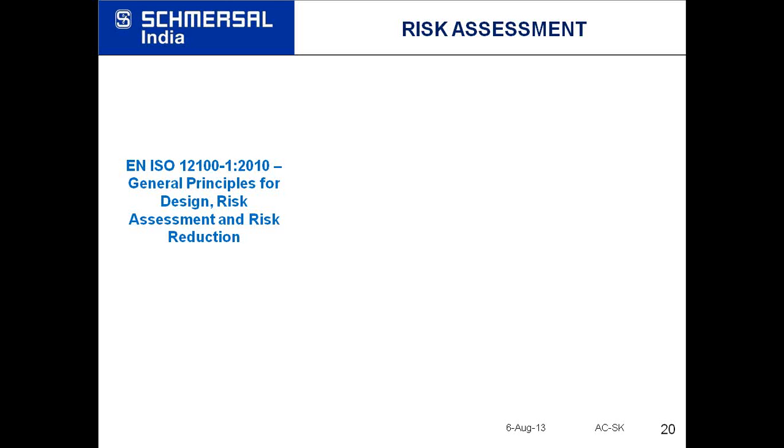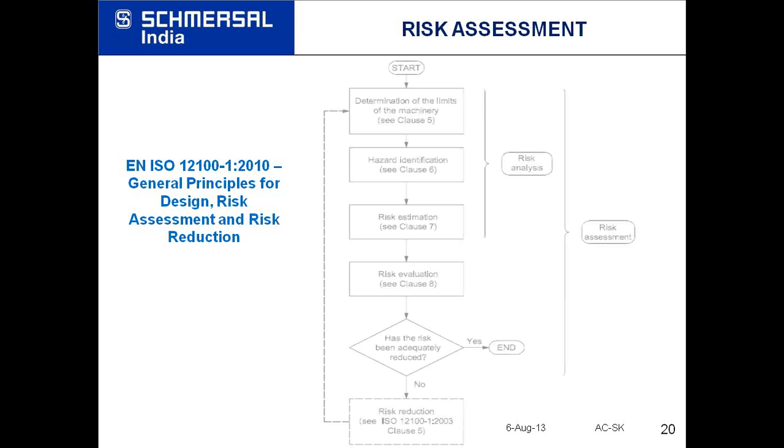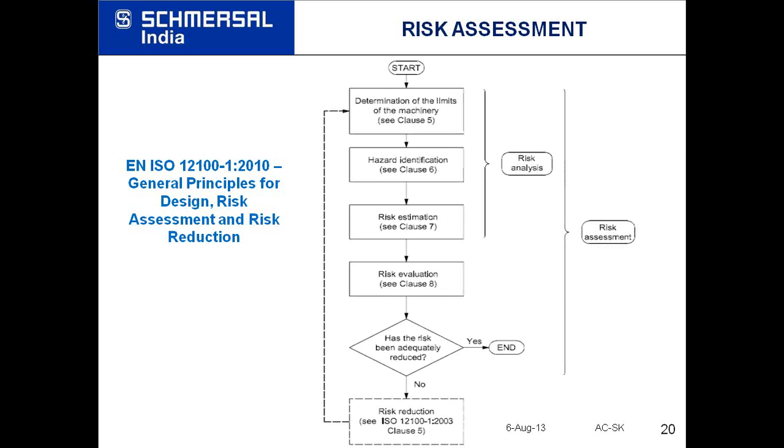There is a very beautiful standard, again a new standard, which is EN ISO 12100-1, and this talks about general principles for design, risk assessment, and risk reduction. You may refer to this standard for risk assessment, and these are the steps given in that standard, which I have shown on the screen now.